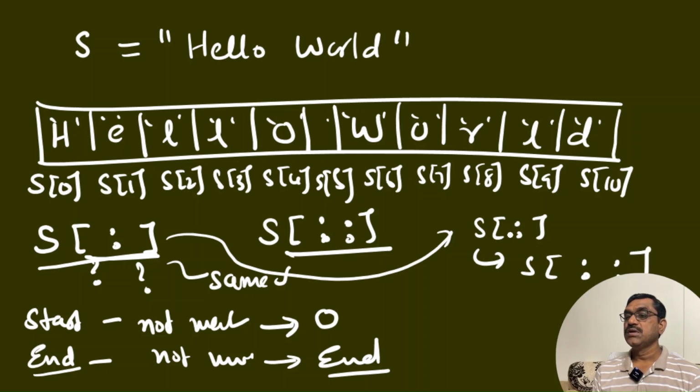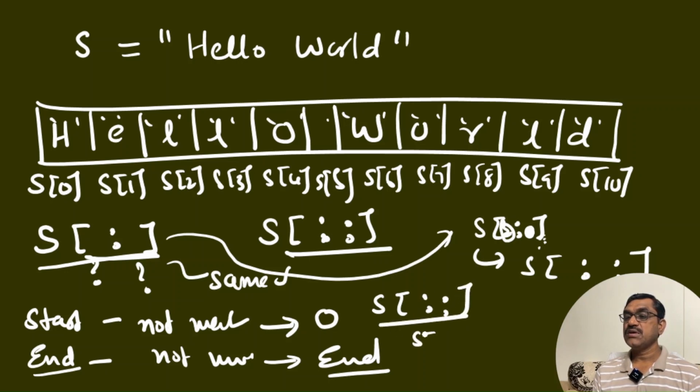Why? Because here we are going to mention the start index, here we are going to mention the end index. Though you didn't mention the step value here, by default it comes under 1. That means S of single colon will be given as same like this.